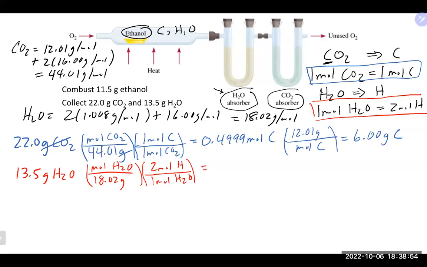So 13.5 times 2 divided by 18.02 gets us 1.498 moles of hydrogen. Using the molar mass of just hydrogen from the periodic table, we can figure out how many grams that was. The moles will cancel, and that would get us 1.510 grams, it looks like.